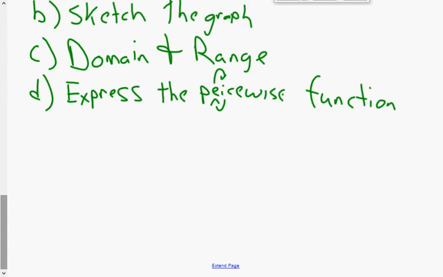So first things first. I'm just going to rewrite it down here so I can see everything. 2x minus 3. First thing I want to do is find the x and y intercepts. So at the y-intercept, x is 0, right?